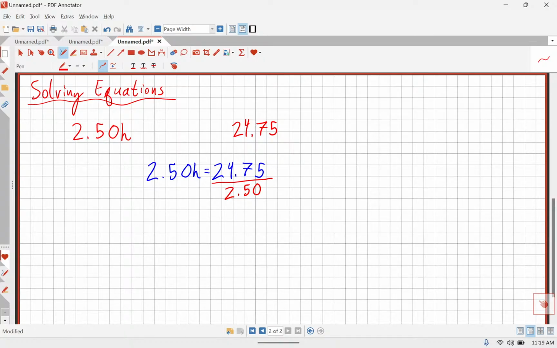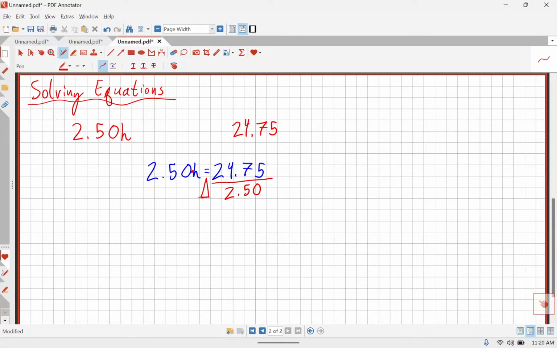Now, the thing is, guys, you're going to hear me use the phrase opposites and balance a lot. Opposites means I use opposite operations in order to find out more about my equations. And since 2.5 is being multiplied by hours, we need to divide both sides. Why both sides? An equal sign is kind of like a scale, and everything's balanced.